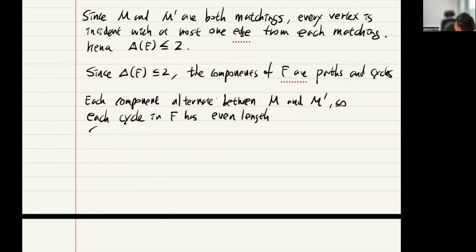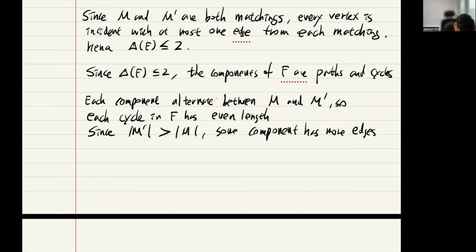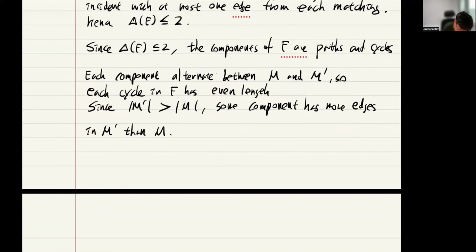But what do you know? Our assumption is that M prime has more edges than M. That means there exists some component which has more edges in M prime than in M. Then what? Such a component cannot be a cycle, because cycles have even length and contain exactly the same number of edges in M and M prime.